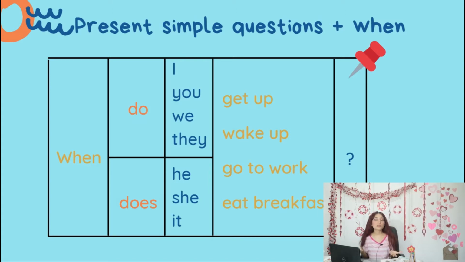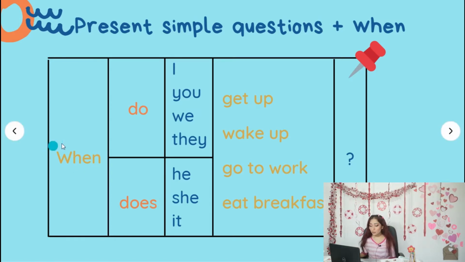Okay, when means cuando, as you remember. So we are going to start with this. Remember that we start our questions with the WH question word, which is when. We always start these questions using when because we want to know the time, we want to know the hour.